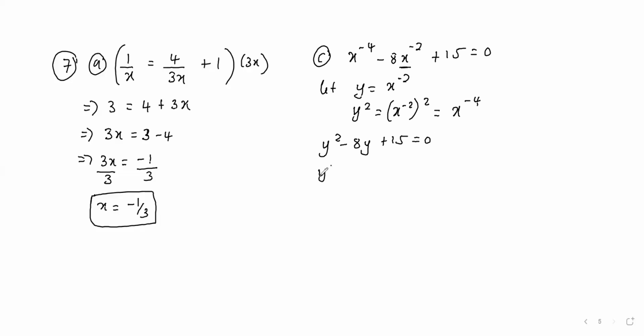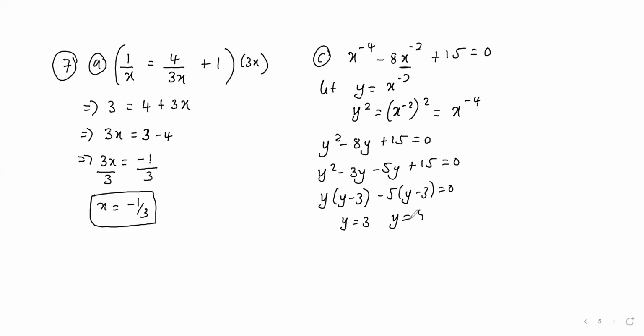So we can write this as y squared minus 3y minus 5y, and then solve for y. So we'll have y equal to 3, and y equal to 5.